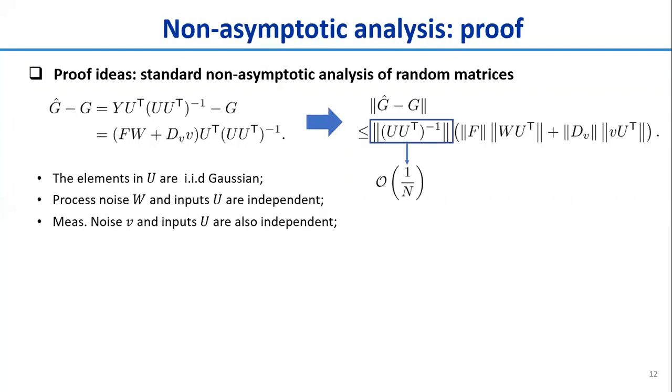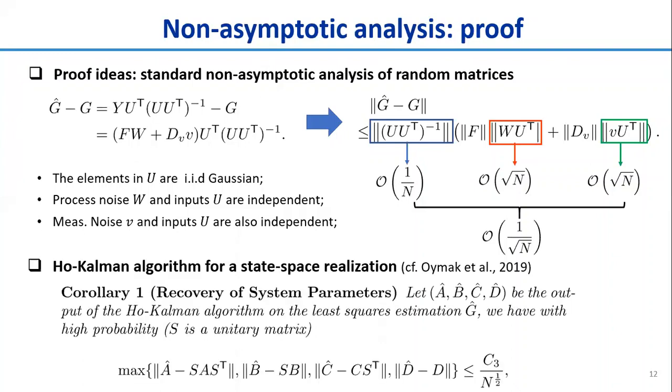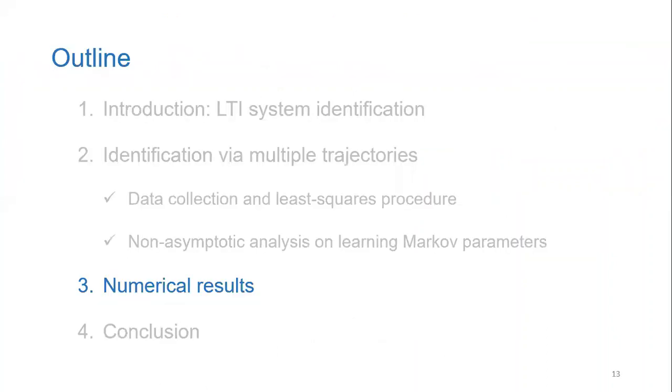It's not difficult to derive these three bounds for this term individually. And putting them together leads to our final bound, which scales on the order of 1 over square root of N. And finally, I just want to highlight that the classical Ho-Kalman algorithm can return good state space estimation as well, as shown in the following corollary.